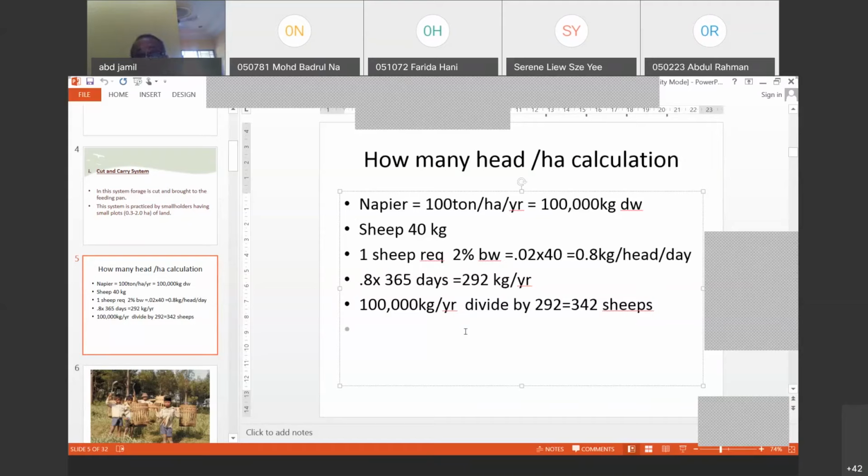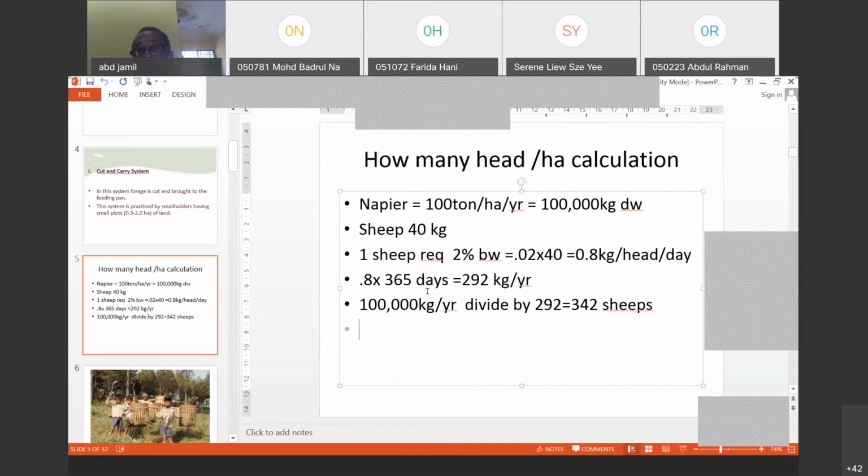Normally we give concentrate amounting to about 1% body weight, and 2% body weight comes from your grasses. But of course, if you want to save on concentrate, you can reduce the concentrate and increase your grasses. So instead of giving 2% body weight of grasses, you can increase it to 2.5%, and you can decrease your concentrate to 0.5%.